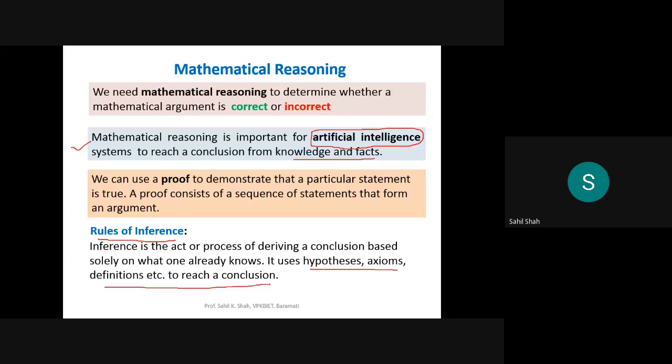The same practice is followed by the human brain as well. If you know certain facts, you could arrive at a certain conclusion based on those facts. So you are making use of rules of inference. This is quite good in quantitative aptitude as well, or wherever there is reasoning, you will observe these rules of inference.